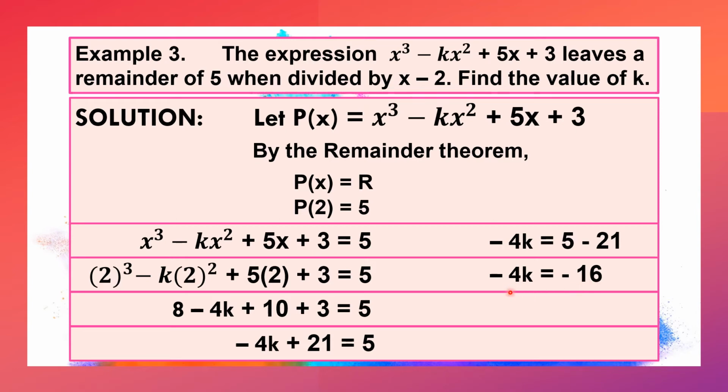To get rid of negative 4 here, divide both sides by negative 4. So, negative 4k divided by negative 4 is equal to k. Then, negative 16 divided by negative 4 is 4. The value of our k is now equal to positive 4.